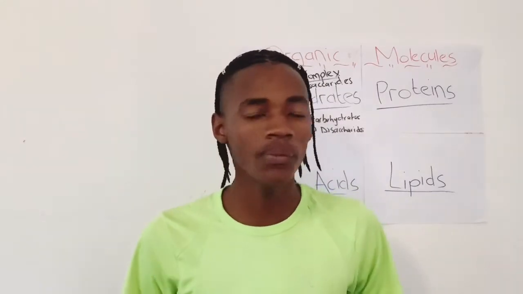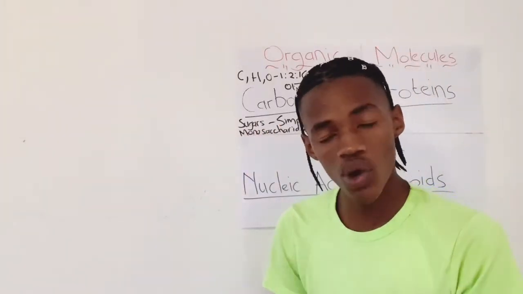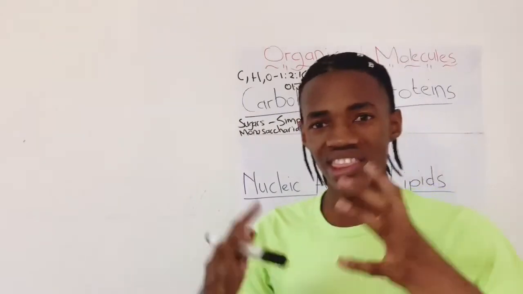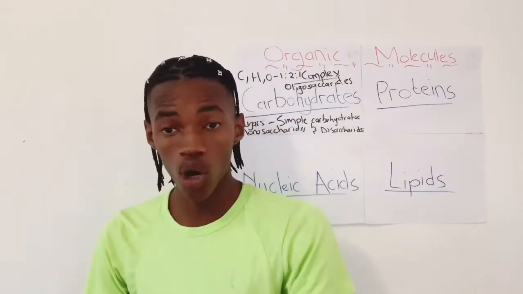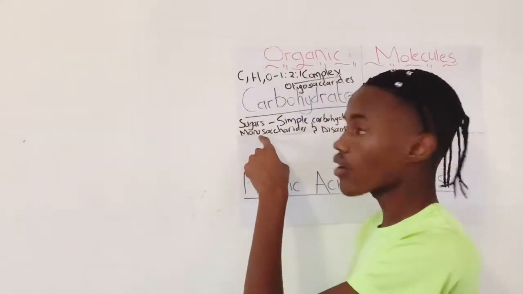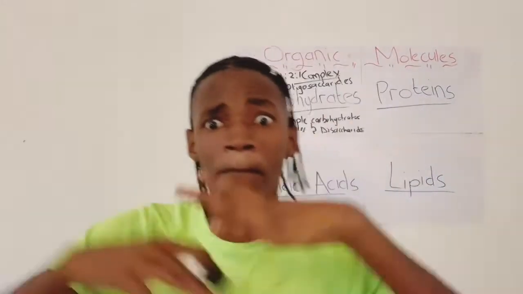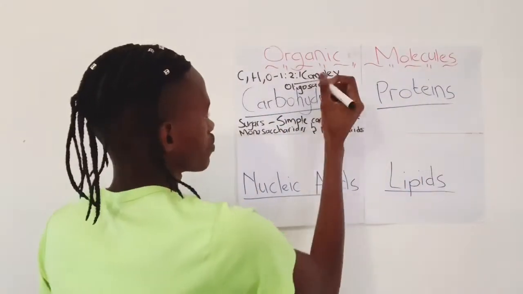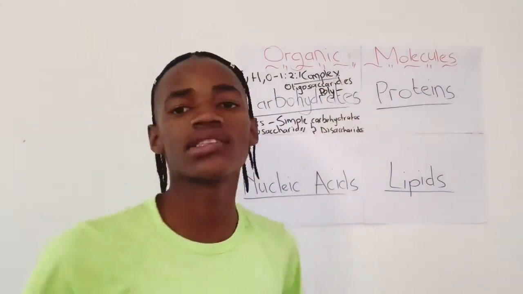Oligosaccharides are composed of 3 to 100 monosaccharides. Okay, so now they are much bigger and much more complex than monosaccharides and disaccharides. And then we have even bigger carbohydrates called polysaccharides.